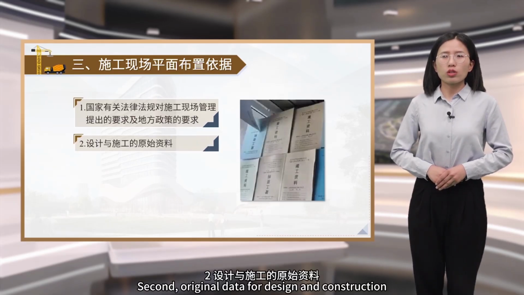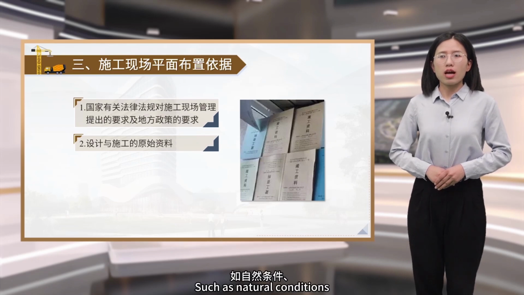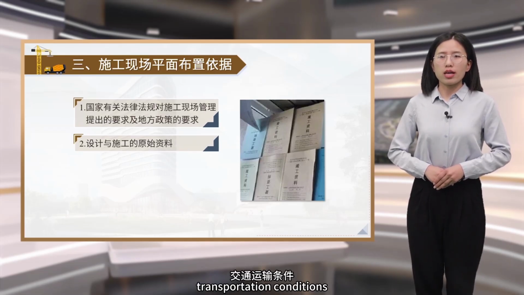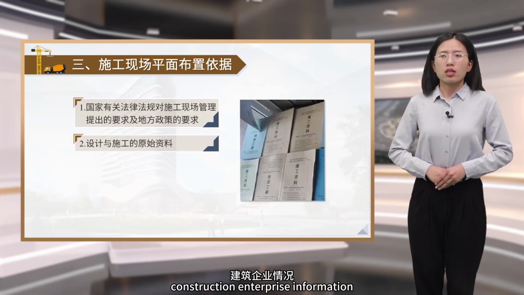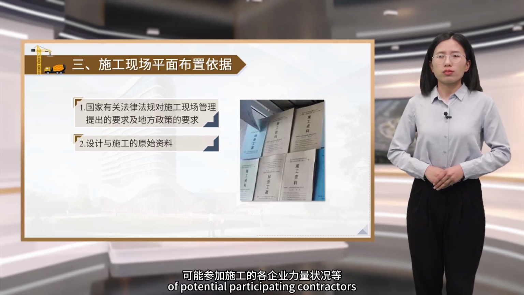Second, original data for design and construction, such as natural conditions, labor and material conditions, social survey data, material and equipment conditions, transportation conditions, water, electricity, and other infrastructure and living facilities, construction enterprise information, and the resource conditions of potential participating contractors.